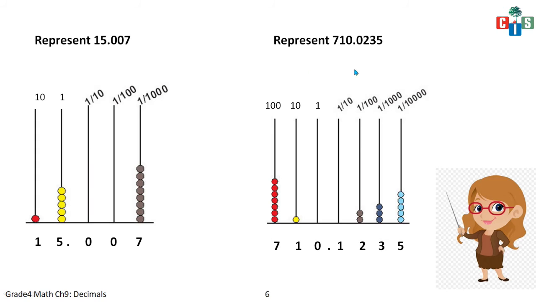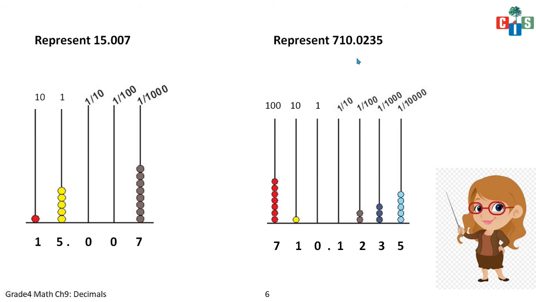Okay, so you have to represent 710.0235. Now first let's look at the part before the decimal. Here there is 0 in the ones place, so 0 balls in the ones place. In the tens place you have 1 ball. And in the hundreds place it's 7, so you will have 7 balls. Clear? Now here the decimal is there.